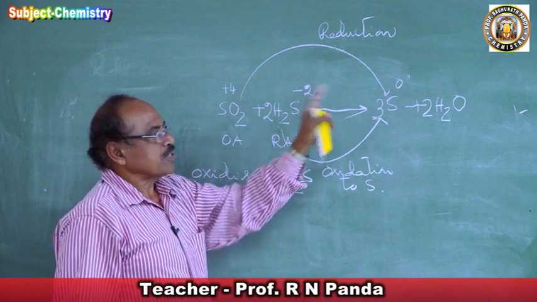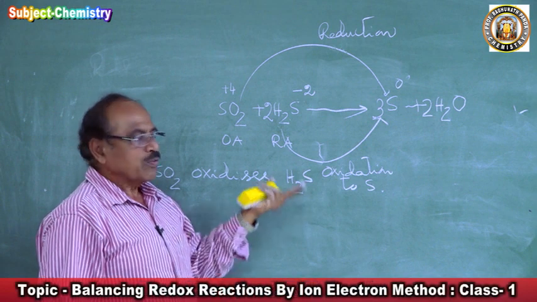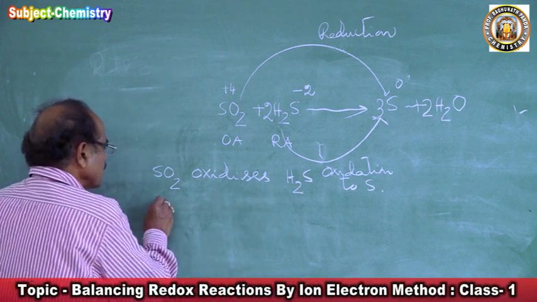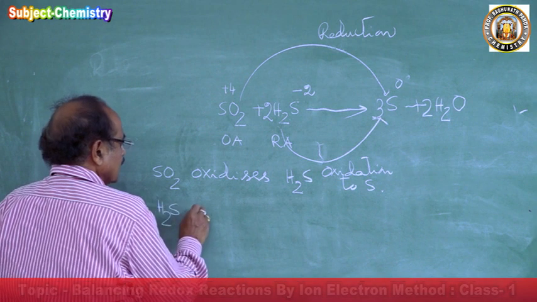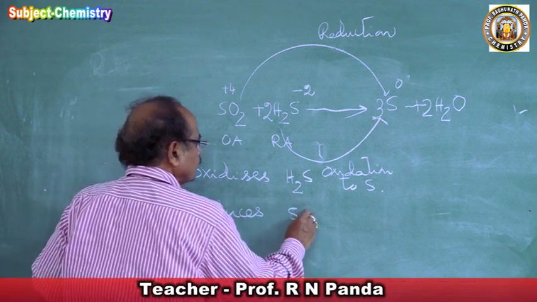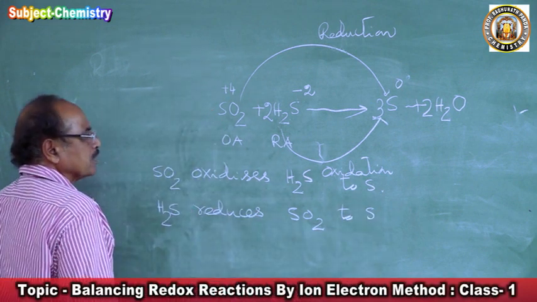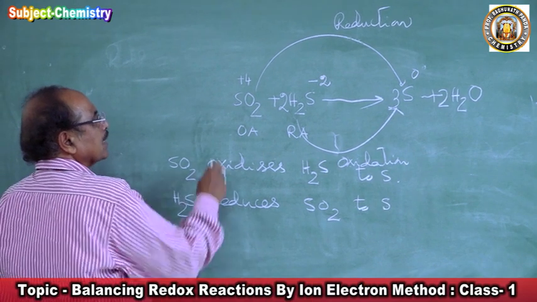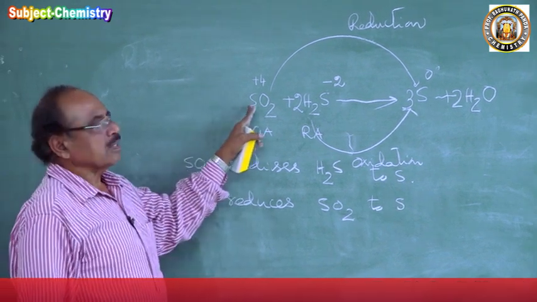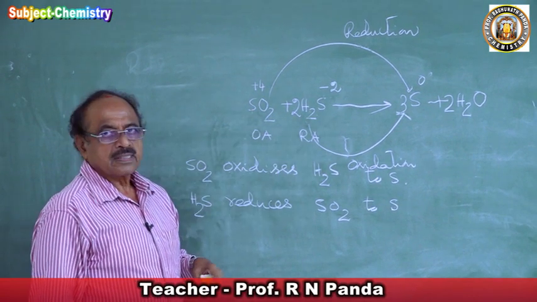Increase of oxidation number is called oxidation, so this reaction is oxidation. But what has happened? The hydrogen sulfide reduces SO2 to sulfur. Why? In sulfur dioxide, the oxidation number of sulfur is +4 and it is becoming 0.